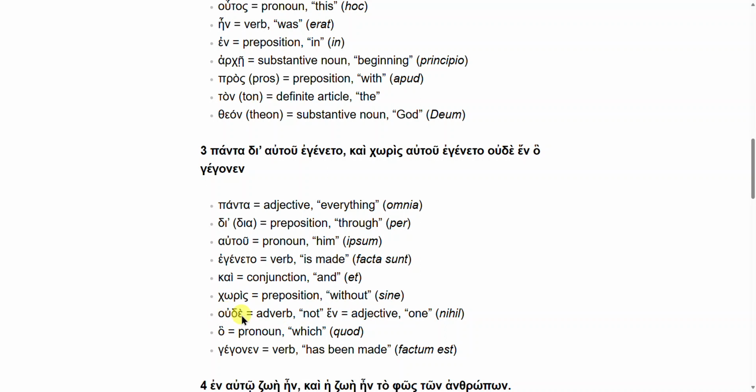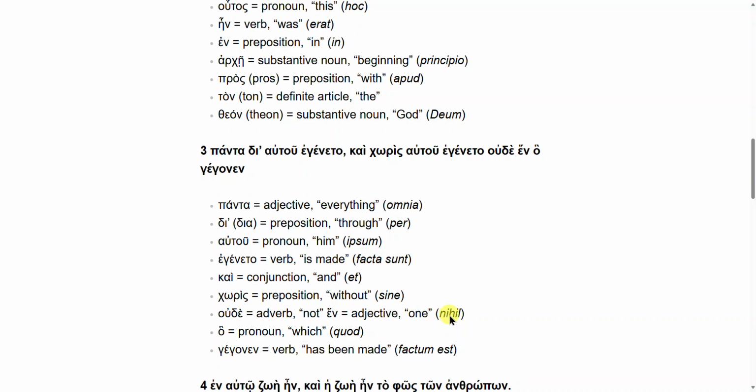Ude, which is an adverb that means not, and hen. Be careful here because there's a rough breathing over the epsilon, and there's also an acute accent mark there. Hen. The word ude, as I said, means not, and hen is the Greek word for one.